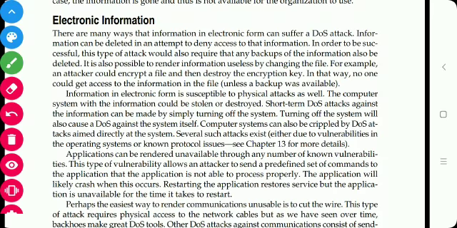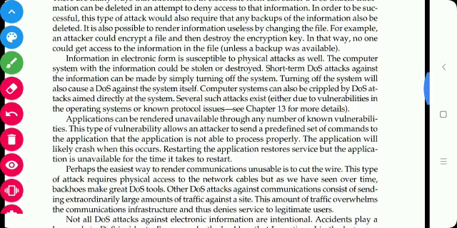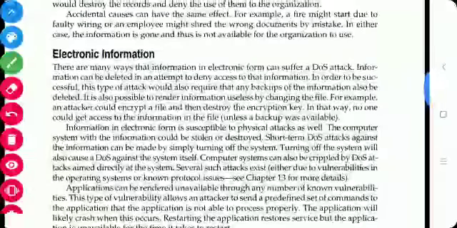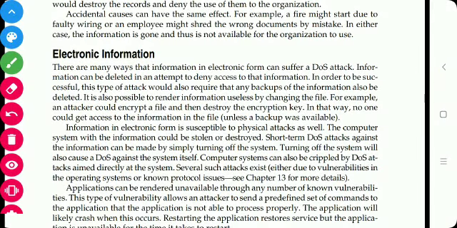And the application that is running on the system is also corrupted, so that the task done by the application is not performed. Then denial of access to system means here systems are turned off, or systems may be stolen by the attacker. So these are the DOS attacks which are performed on electronic information.